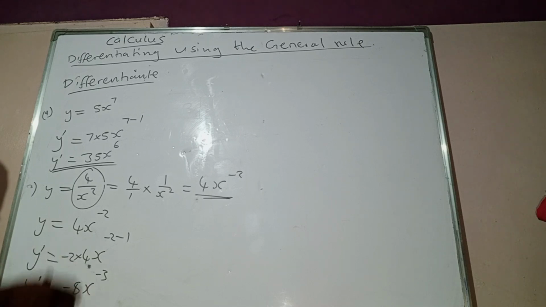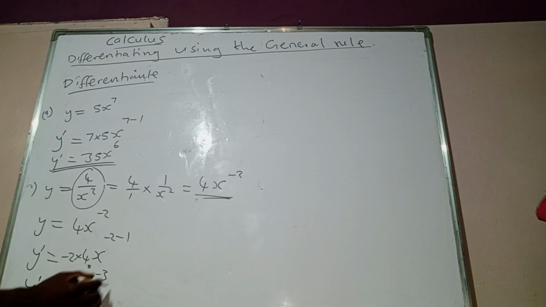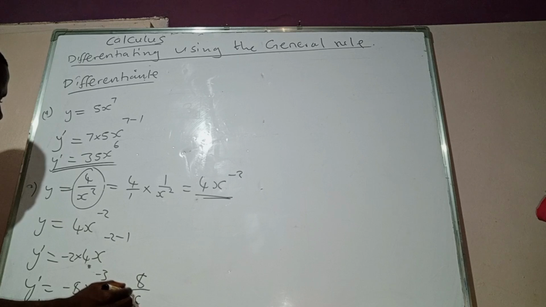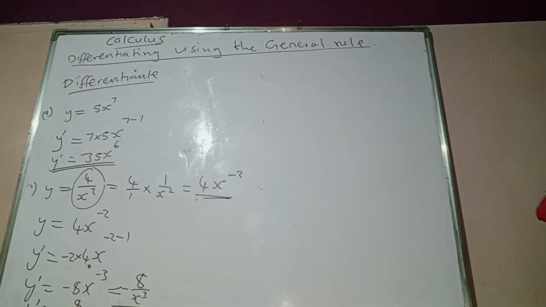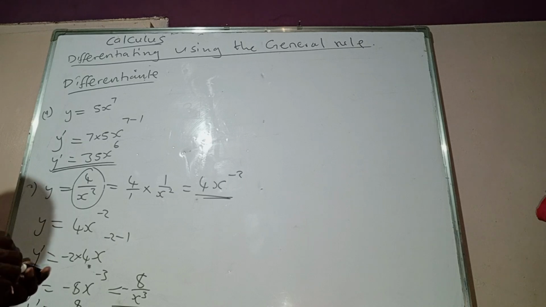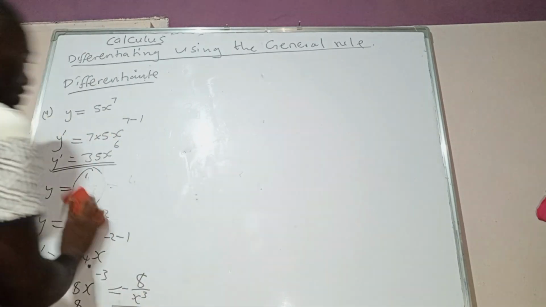We can take it back into fraction form, which will give negative 8 over x to the power 3. That would be our final answer. In case you can't see, it is negative 8 over x to the power 3. Okay, so what else are we going to do? Let's look at another question.